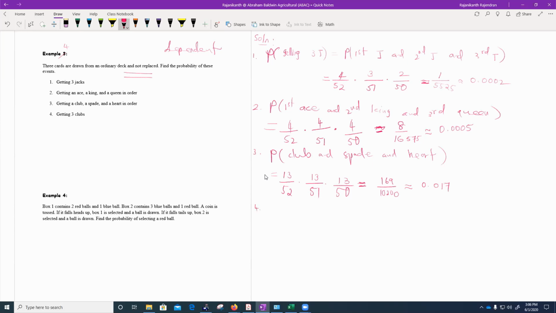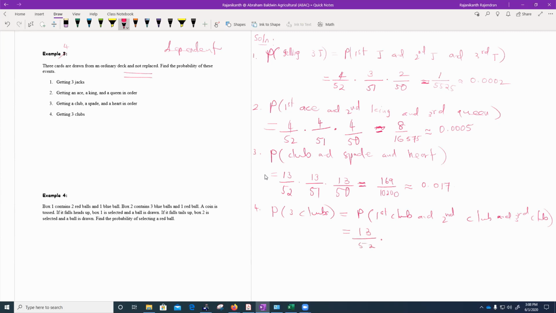Number four, getting all three clubs. That means first getting a club, second time again a club, and third time again a club. All three clubs. When you choose the first time, of course, there are 13 clubs out of 52.